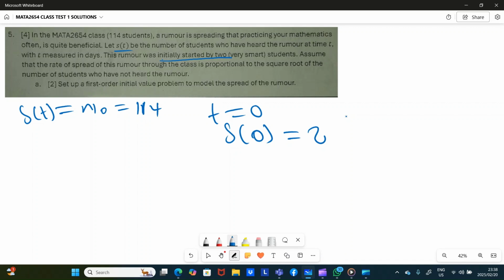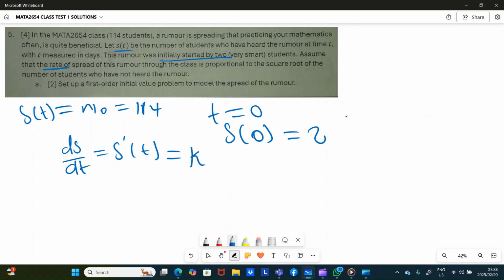Assume that the rate of spread of this rumor. Already I see that I have a rate. So when they talk of a rate, I'm already thinking ds by dt, or I can say s prime of t. They are saying that the rate of spread of this rumor through the class is proportional. When they talk of proportionality, I'm thinking of my proportionality constant k.